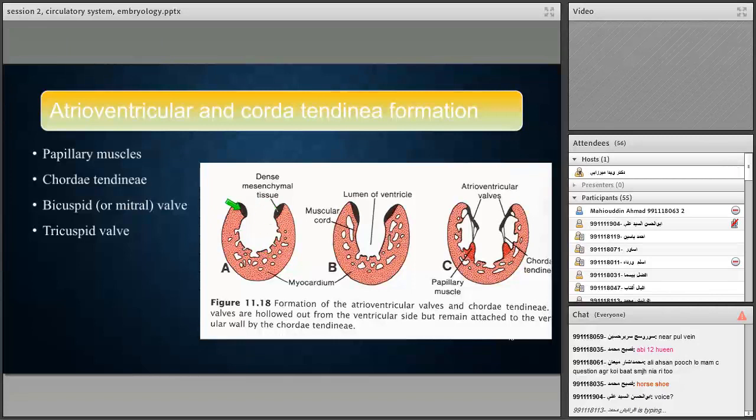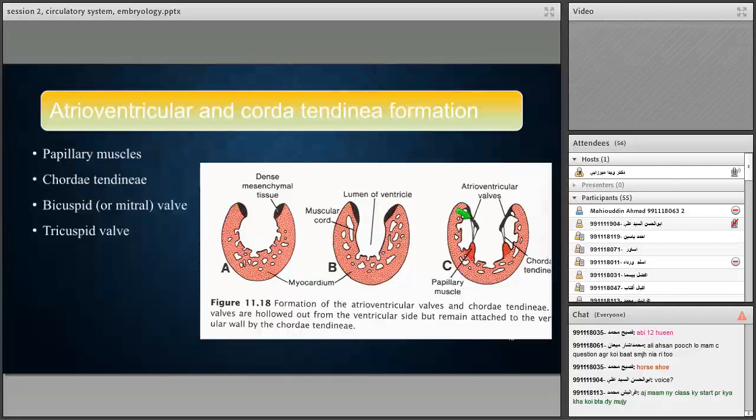This is the fibrous part, and we can see it forms atrioventricular valves. These valves remain attached to the ventricular wall by these tendons, which are called chorda tendinae.